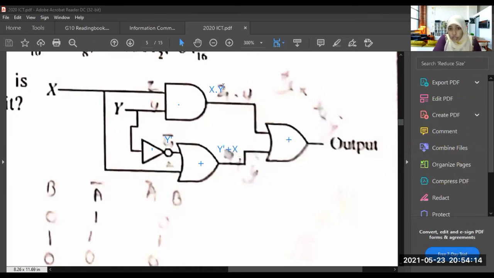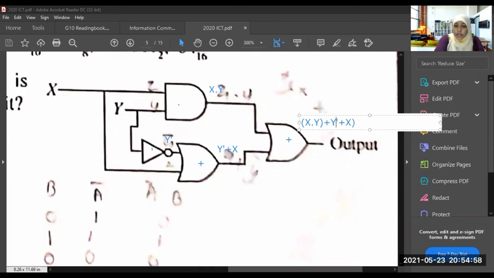Now these two expressions are going to come out from this gate, and this is the final gate, isn't it? Now take X and Y, and write it inside the bracket. Why? Because it is coming from one gate separately. Then it combines with OR with this one, Y bar OR X.